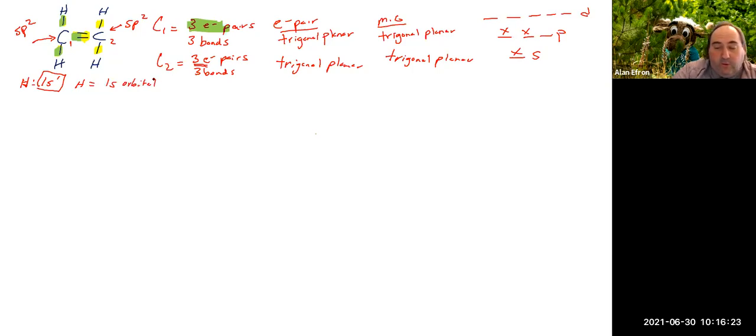That's the orbital involved with each of the hydrogens that are present. Each of the carbons that are present, if we apply hybridization to it, are dealing with sp2 hybridization. Any questions on that so far?